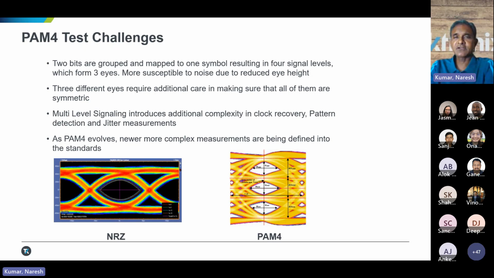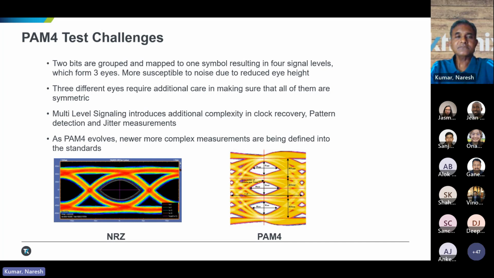More and more technologies will try and look at higher PAM signaling. It need not be limited to PAM4. You could always go higher as well, PAM8, PAM16, I don't know. So these are things which will happen. But for now, we are interested in solving the challenges of PAM4 while we wait for bigger challenges as we move higher.